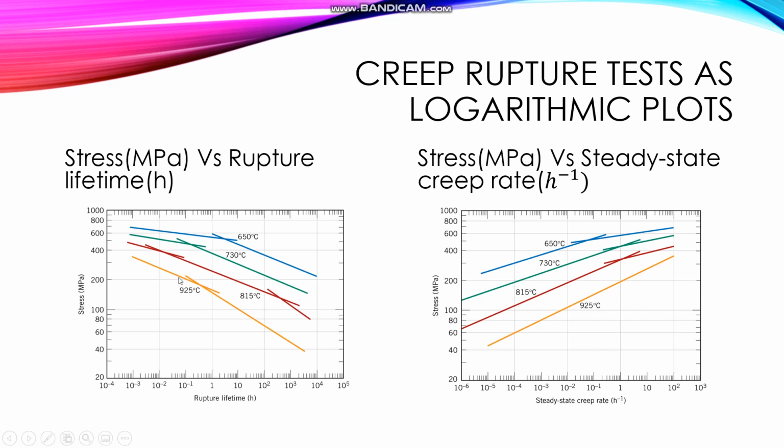There are 4 temperatures in this graph. As for the second figure, it is the steady state creep rate on the X axis versus the stress in megapascal on the Y axis. The steady state creep rate will be explained after this slide.